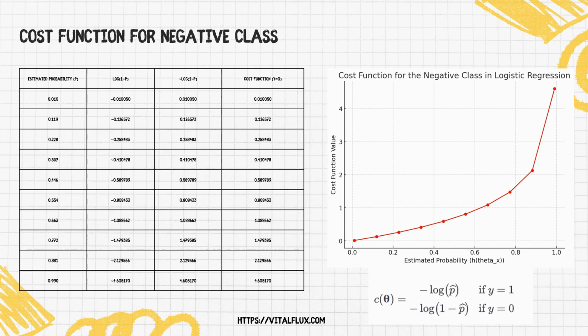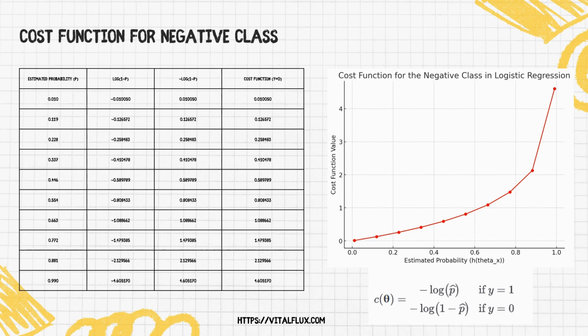It's a mirror image of what we have seen a moment back with the positive class. If the model predicts a low probability for the positive class while the actual value of the class is negative, this is as per what we really desire, and the cost will be less. That's what is shown in the red curve.